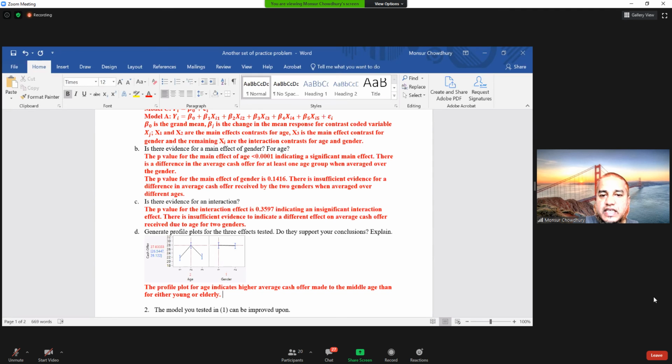So this tells us that there is strong visual evidence of a main effect of age.